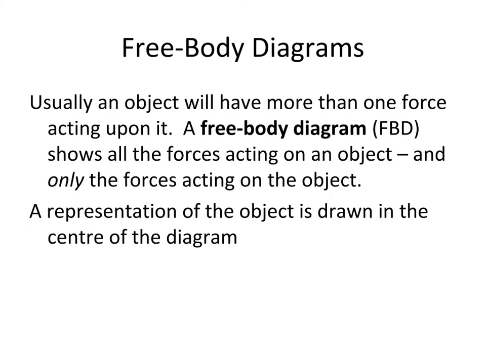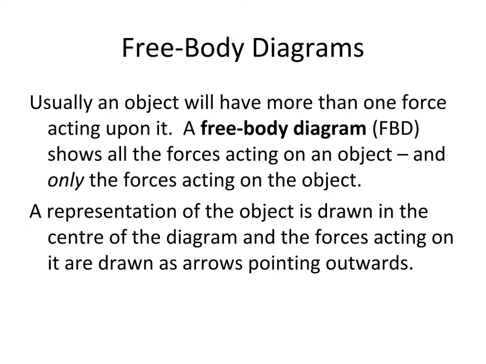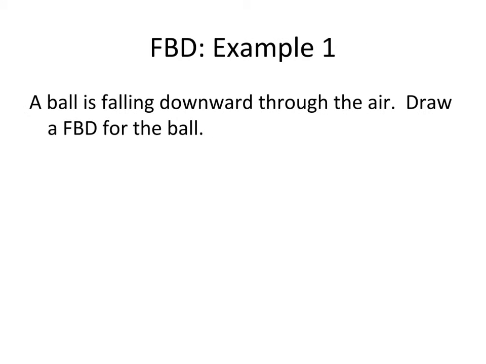So we draw a representation of the object in the center of the diagram, and then we draw the forces acting outwards, and those forces are represented by arrows. We have to remember to label the arrows with the appropriate force, or forces in each case.